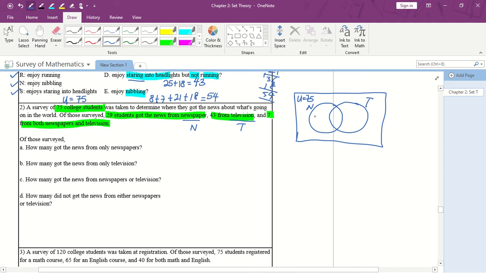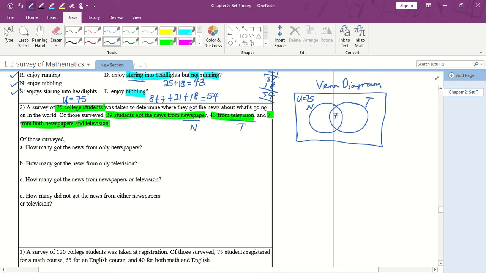So again, when we want to put those statistics or those numbers inside the Venn diagram, we need to always start from the intersection. Okay, so we will start from the last one: 7 from both newspaper and television. So we put here 7.